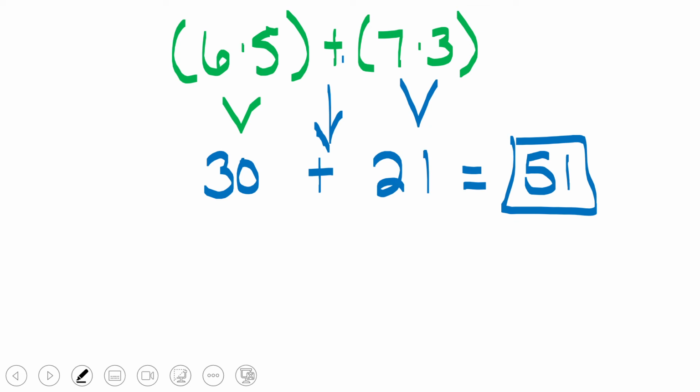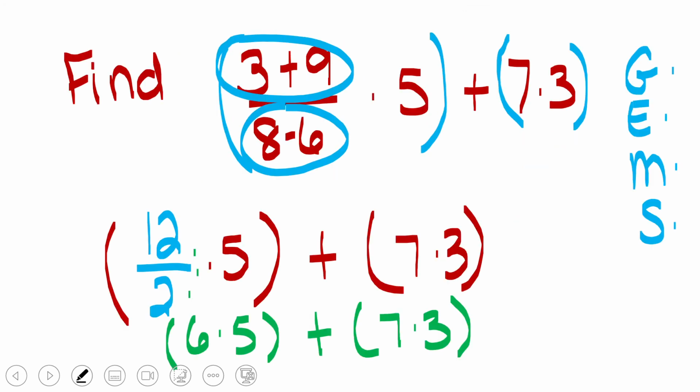Working in GEMS, let's go back over that. We were given an expression. We could first simplify what's in the numerator and denominator with addition and subtraction because it's part of that fraction. After we grouped on either side of the addition sign, look that over.